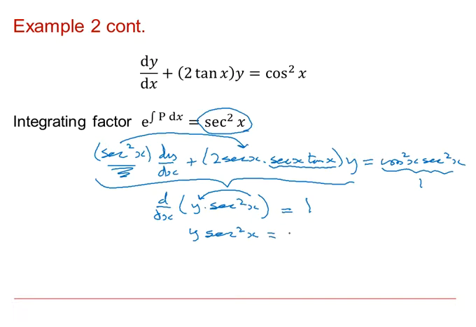Integrate 1 with respect to x is just x. Don't forget the constant of integration. And if I divide by sec squared x, we get y equals x plus c, and dividing by sec squared x is the same as multiplying by cos squared x. And there is my general solution.